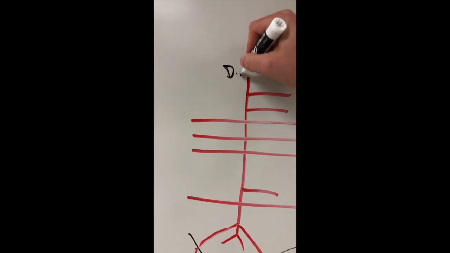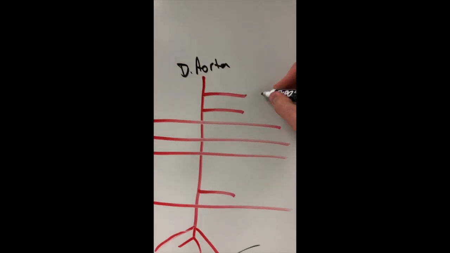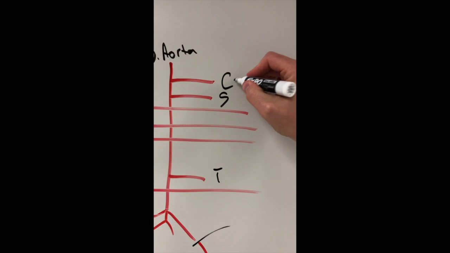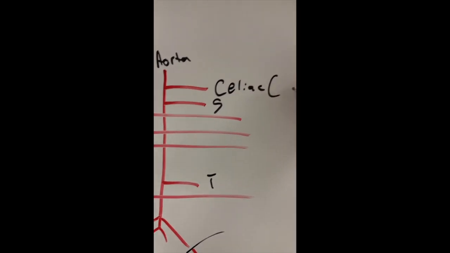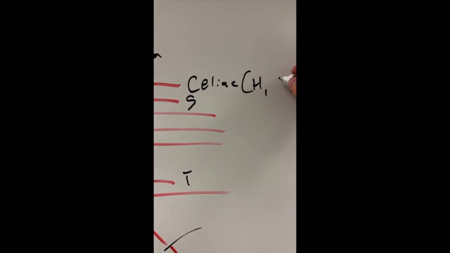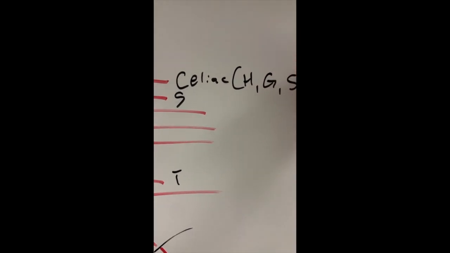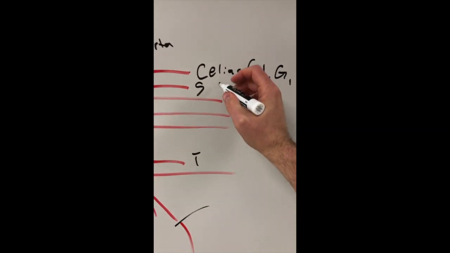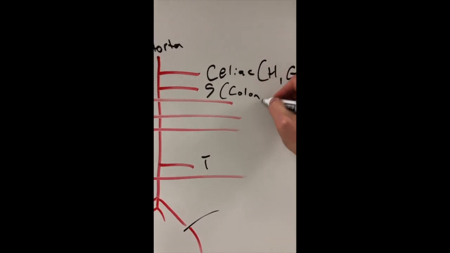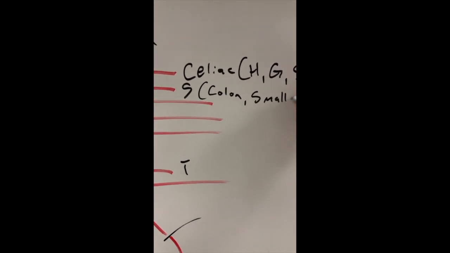So just kind of as a quick summary, so that's the descending aorta. We've got, remember CSI, CSI, you've got the celiac artery that feeds the liver, the gastric stomach, and then the spleen. And then you've got the superior that feeds essentially the colon and some aspects of the small intestine.